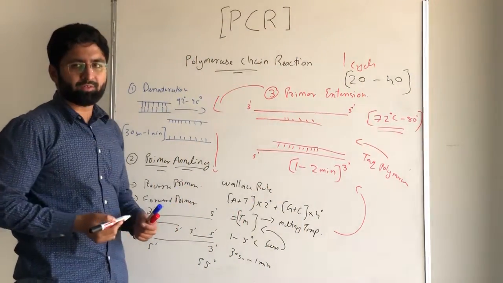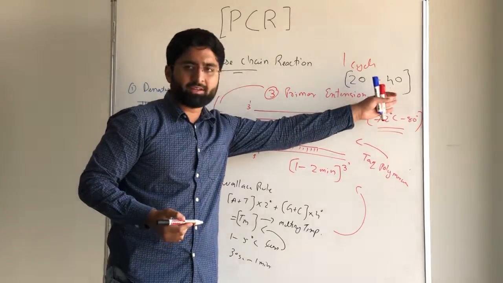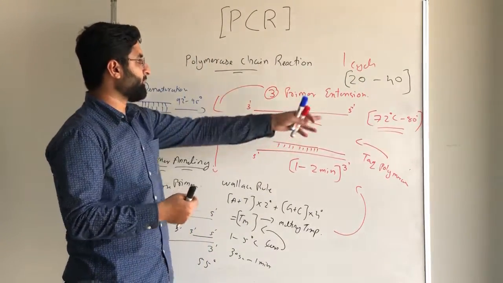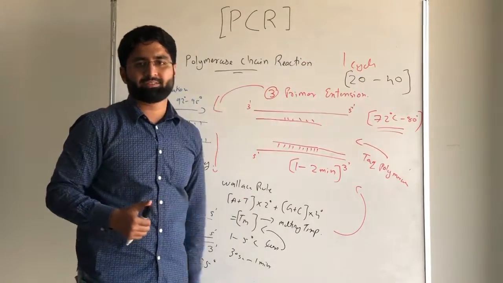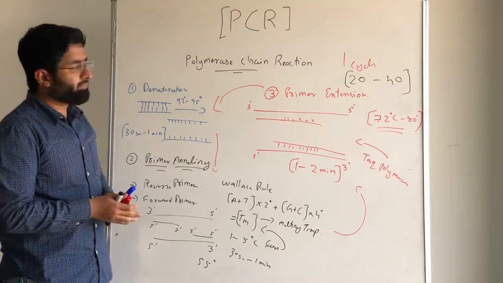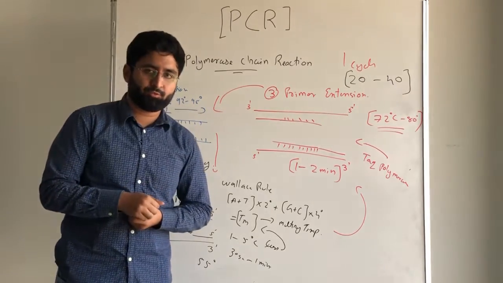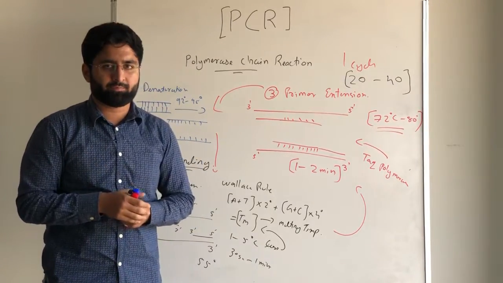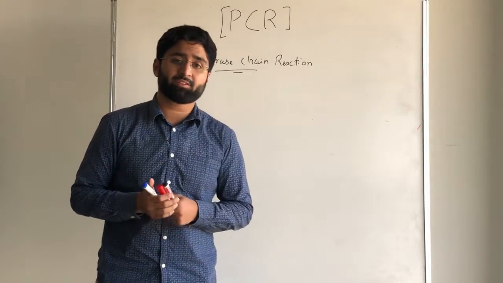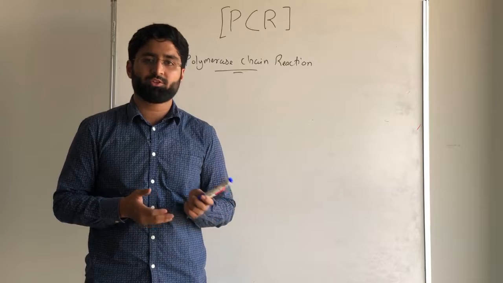If we have less DNA, we'll take up to 40 cycles, but if we already have enough DNA and want less amplification, we'll take about 20 cycles. Apart from this, there are various different types of PCR used, which we'll talk about another time.